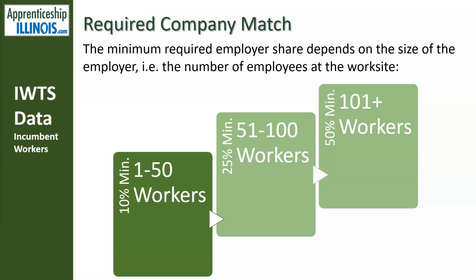If the work site, and we measure the number of workers at a company by numbers at the work site, okay? So if there are 50 or fewer workers at the work site, then the company owes 10% as their required match. And then you can see as the company size gets larger, the required match gets higher.